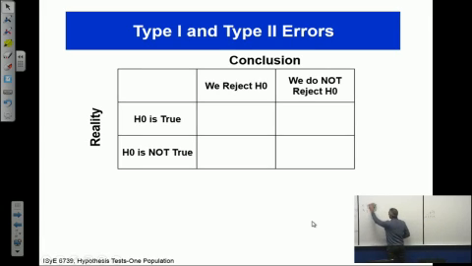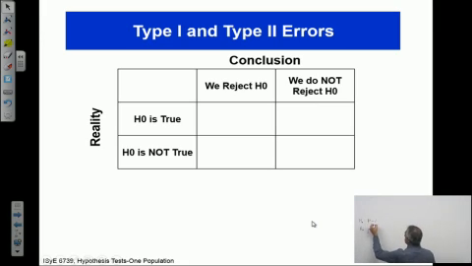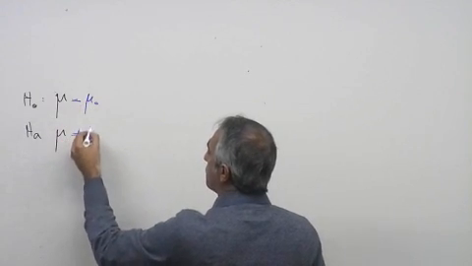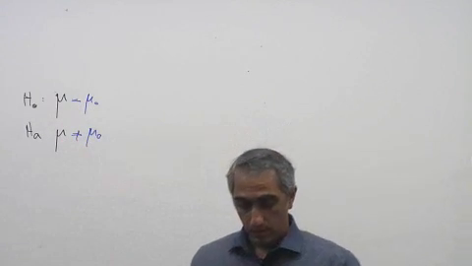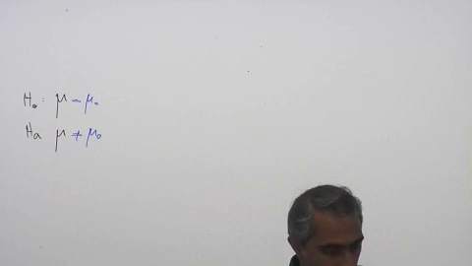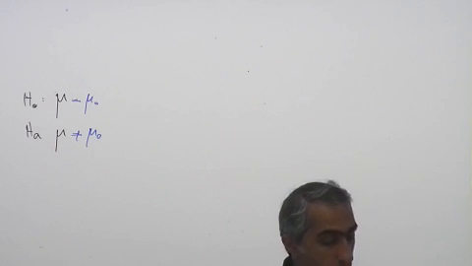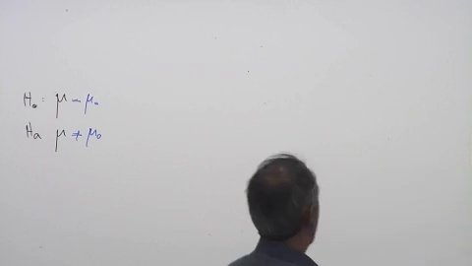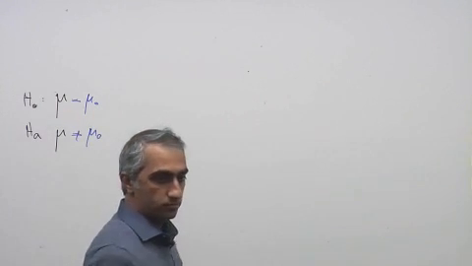So mu is equal to mu 0, versus mu is not mu 0. It's two-sided. The first type of error is as follows. In reality, H null is true, which means mu is equal to mu 0.